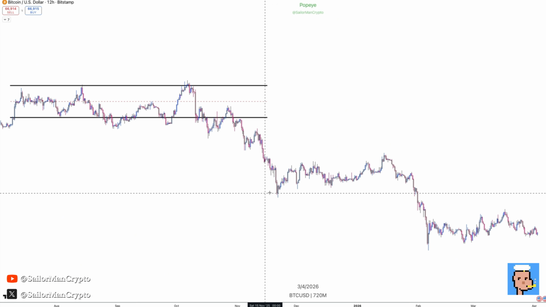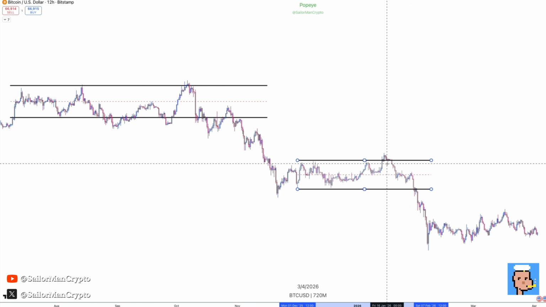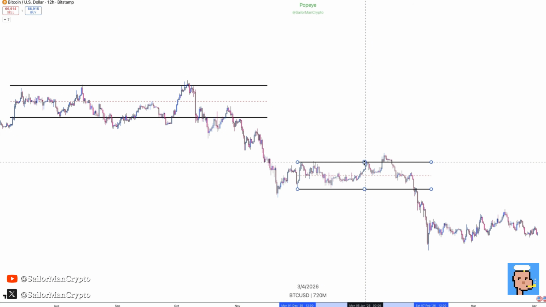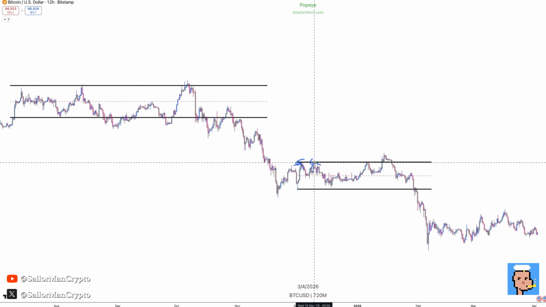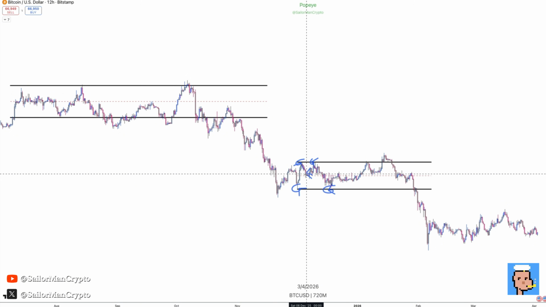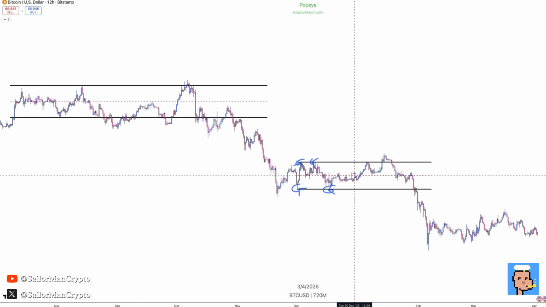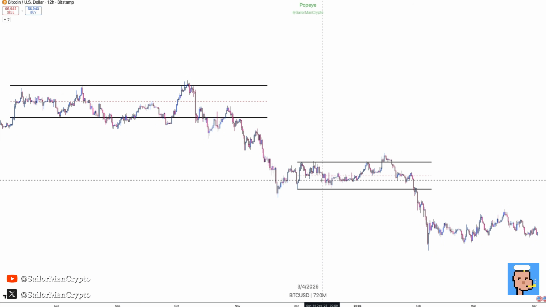Now we can select ranges in many ways, but just to show you a few examples, this is another one where you see the 3 characteristics: high is tapped, low is more or less tapped, and you can see here the middle part has a lot of interaction and is a relevant level. Let's say you want to see this level to be relevant. You see also mid-range is relevant, not just the top and the bottom.